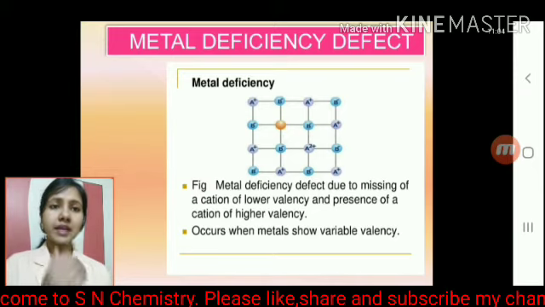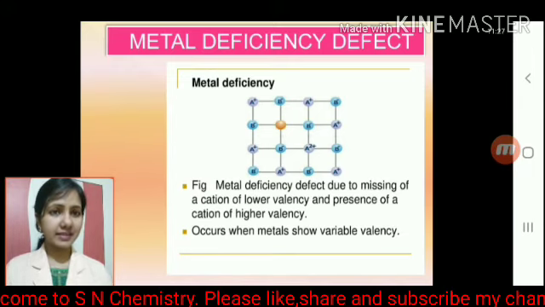So in this type of defect, a particular cation having a lesser charge is missing from its lattice site, and at the same time a cation having a higher charge than the previous one is present in another lattice site. Now you can see here that a vacancy is being created. A cation is missing from its lattice site.